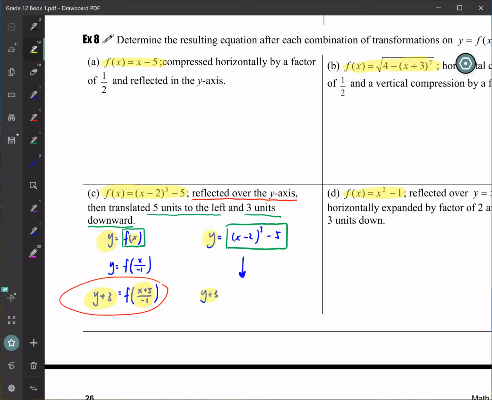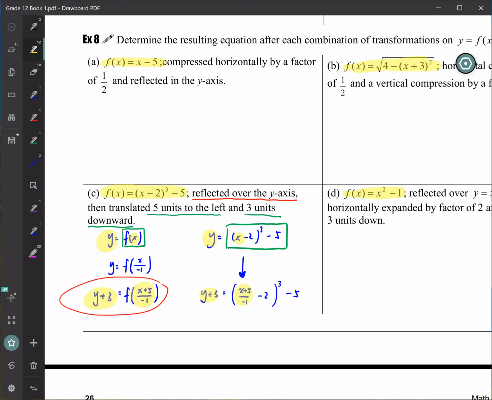And then the x will now become x plus 5 over -1. You see what I'm doing right now? The yellow is replaced by the yellow. The x is replaced by the new x, the y replaced by the new y.